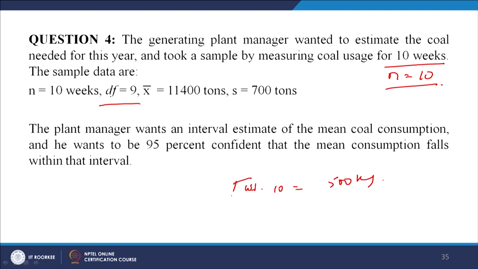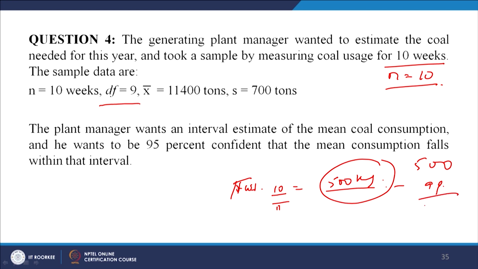The total weight of 10 people is then 500 kg. If I give you the weights of 9 people, A, B, C, D and so on, do I need to give you the 10th person's weight? It is not required, because you know 500 minus the weight of the 9 people will automatically tell you the 10th person's weight.